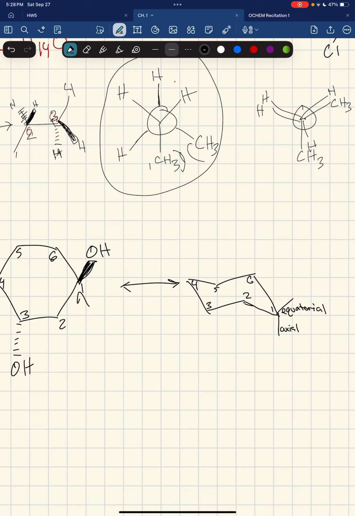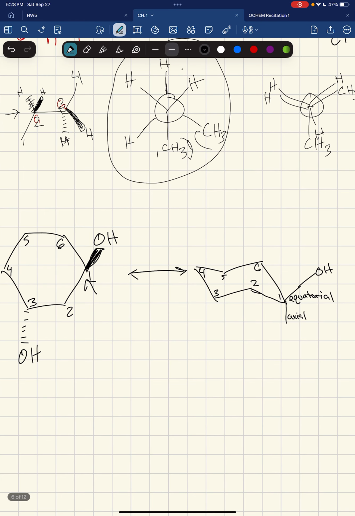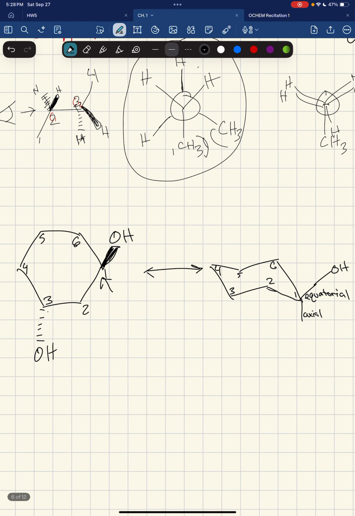So looking at this one, you know that that OH is facing up, which looks like it's the equatorial for this. And if you practice with model kits, it'll just become intuitive for knowing what is up, what is down. And then this one is facing down. So 1, 2, 3. So we have this, and then we have that on that one. This one looks like it's facing up. This one is facing down, so then the OH is over here.